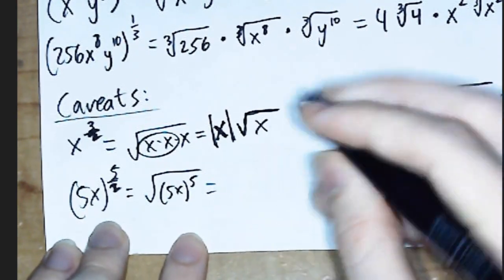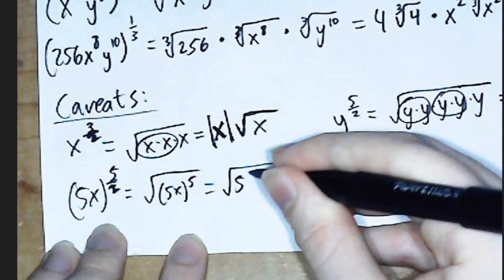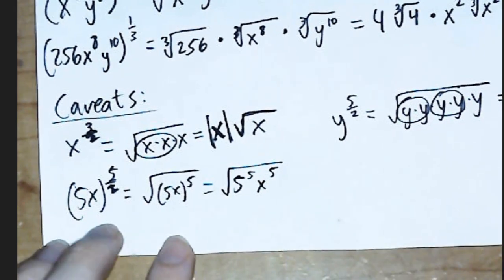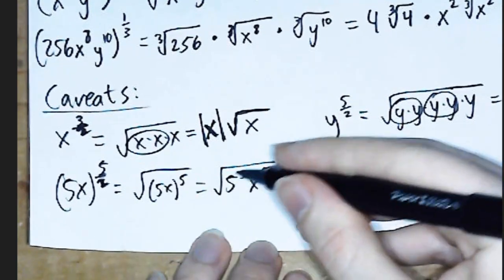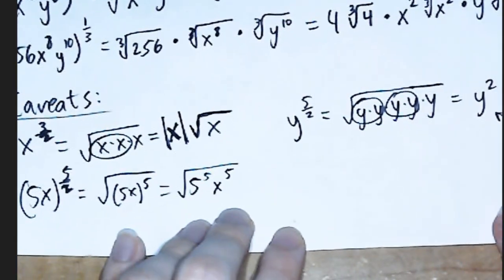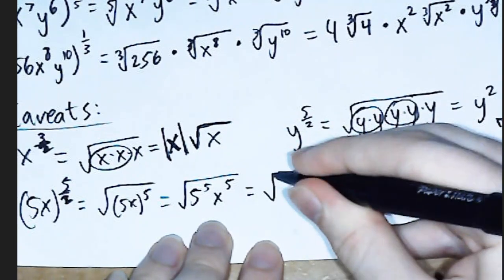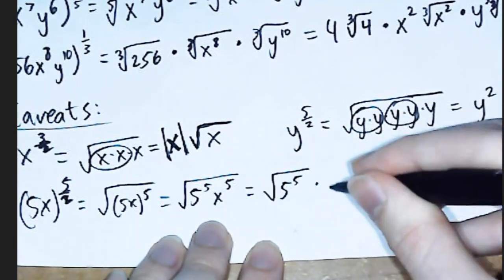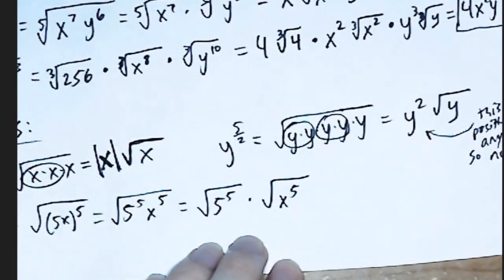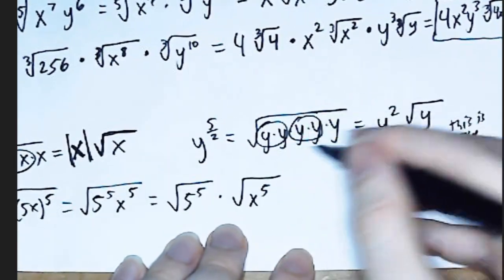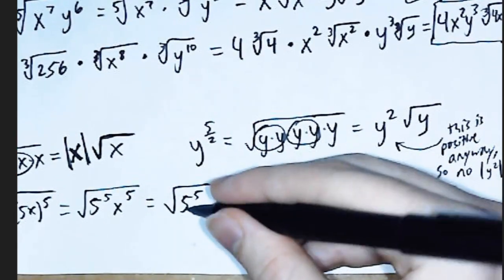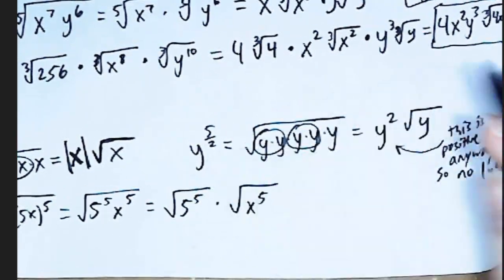Let's do this instead. So we've got 5 to the 5th times x to the 5th, and we're going to leave that 5 to the 5th like it is, because it's going to save us some time. So let's split this up. We have the square root of 5 to the 5th times the square root of x to the 5th. Now, just like we did with y to the 5th under a square root, we know that there are going to be two groups of 5 that can be pulled out with one 5 left over.